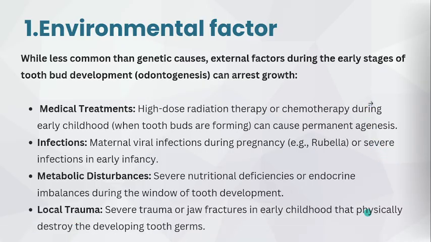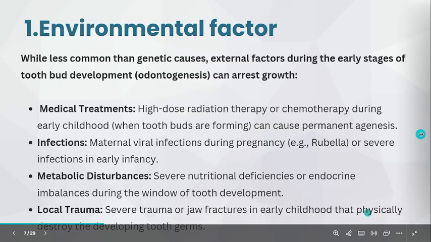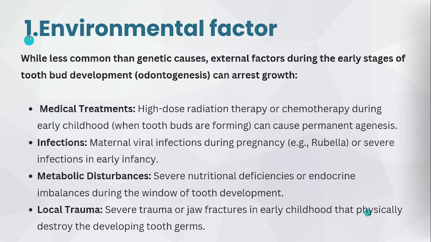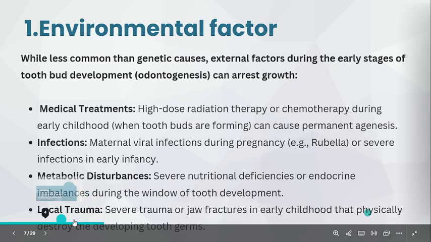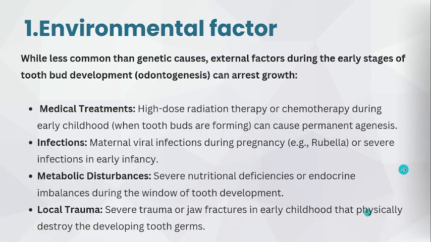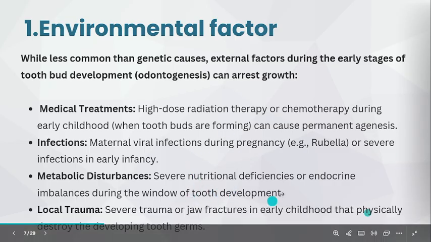There are a few factors: environmental factors and genetic factors. The primary cause is genetic factors. Among environmental factors, we can see ongoing medical treatment like high-dose radiation therapy or chemotherapy during early childhood, especially when tooth buds are forming. Infections such as rubella or severe infections in early infancy, metabolic disturbances, and local trauma can cause a missing tooth bud, especially during the window of tooth development, and can lead to oligodontia.